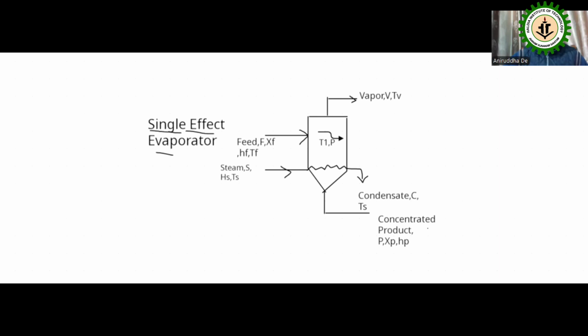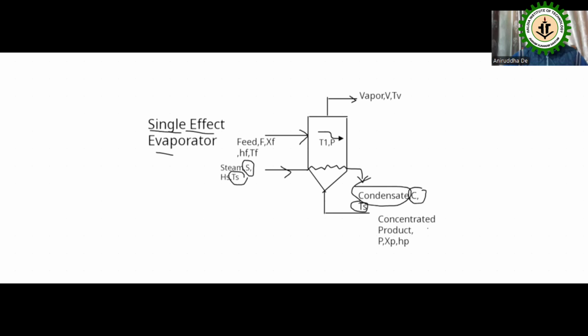Whenever steam delivers its latent heat, it is converted into condensate. Condensate is nothing but hot water at the same temperature, because it releases the latent heat. The temperature of the steam and the temperature of the condensate will remain the same, and whatever amount of steam enters the heat exchanger, the same amount of condensate will also be obtained.